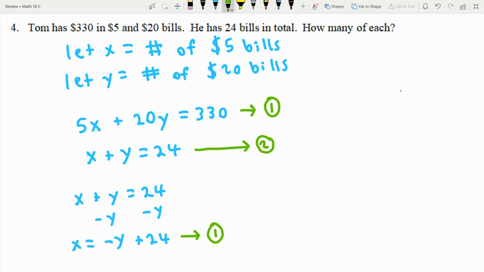So now I want to plug my equation 1 into, or no, that's equation 2 actually, my bad. This is my new equation 2 because I manipulated 2 to get to this. So now I want to plug my new manipulated equation 2 into equation 1 and then solve for one of my variables.